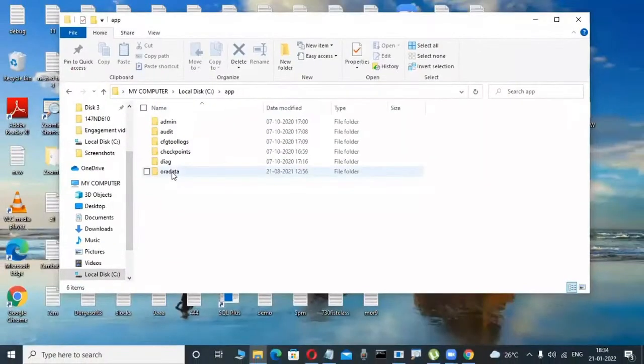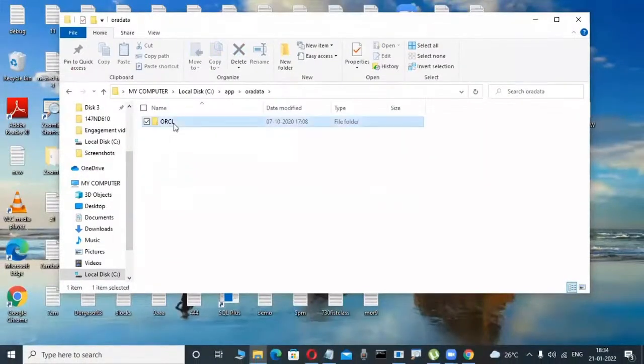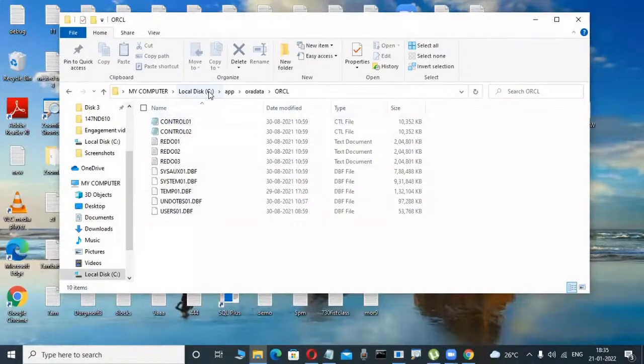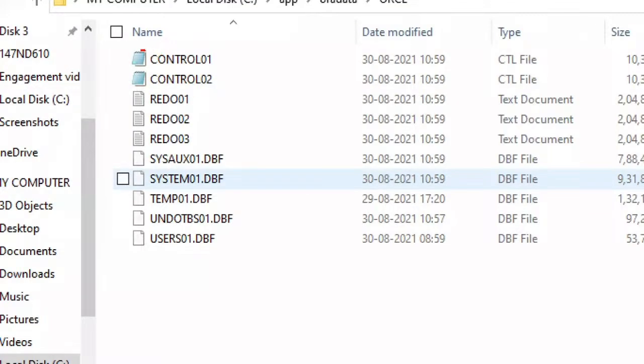These are folders: Oracle, Oradata, ORCL. I'm observing only. Now in C:, I'm installing my Oracle software. In this Oracle software, anywhere, is the Z table visible or not visible? Anybody guess it? Otherwise, anybody observe it here?